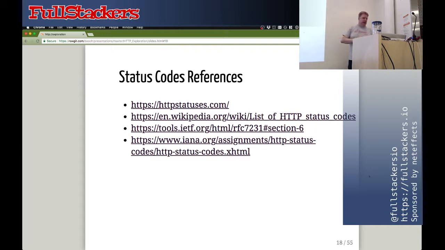Basically, if there are numbers in something, they're the ones to go find the authoritative list. So that last one is the authoritative list of status codes. The first one, statuses.com, is sort of a little friendly page. It has some friendly info and tells you what constant to use in Rails and Go and such.